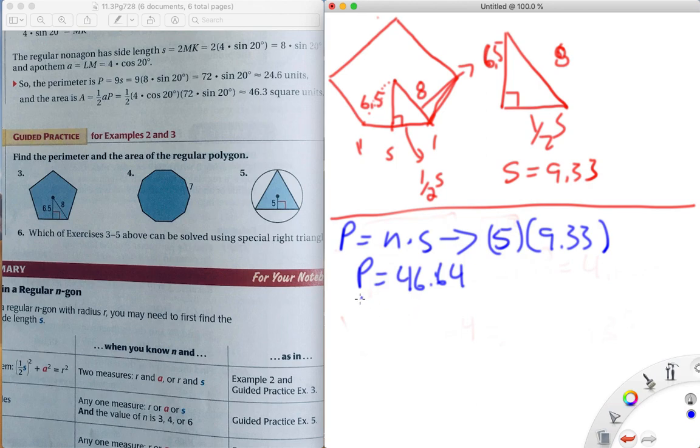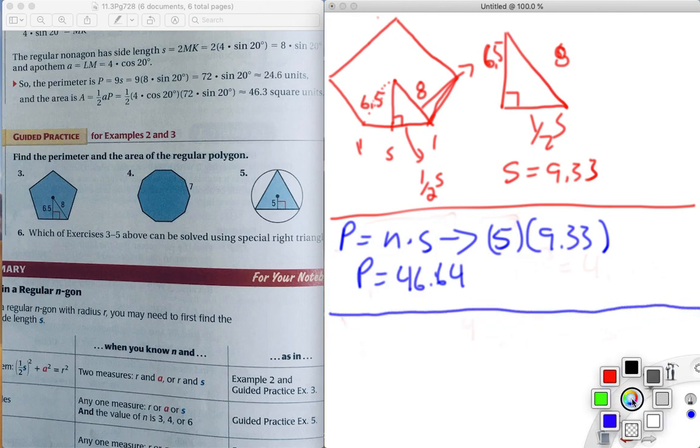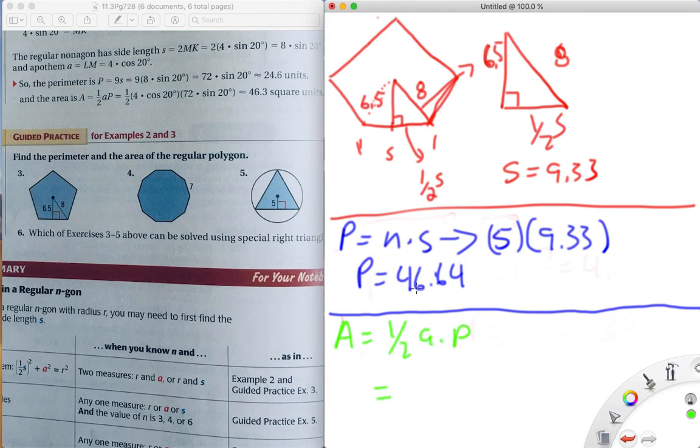Remember what I told you guys about not rounding until the very end? That still holds true. I'm just rounding here because I don't feel like writing all those numbers down infinitely many times. Now that we got the perimeter, they want us to find the area. Remember, the area is equal to 1/2 the apothem times the perimeter. So the apothem is 6.5, and the perimeter is 46.64.